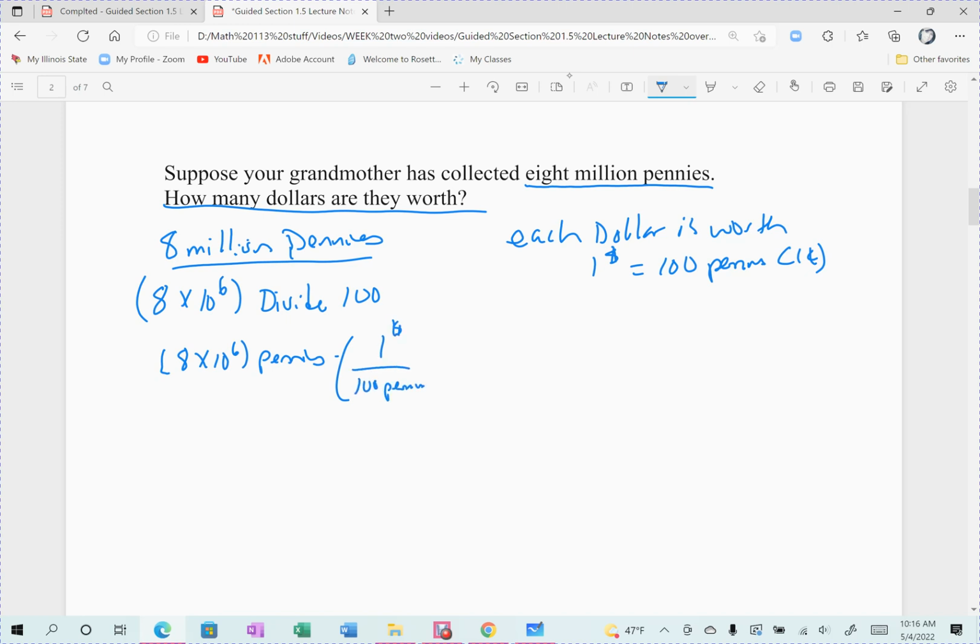It's just like the conversions we did before. We're converting pennies to dollars. So you take that big number, the 8 million, divided by 100. Again, when you type it in the calculator, just make sure you're careful. It's 8 times 10 to the 6, divide by 100.